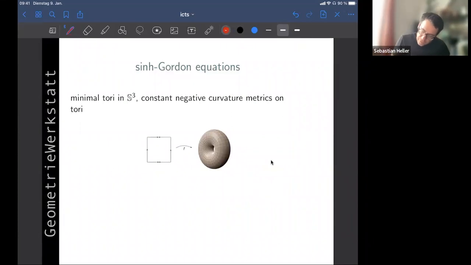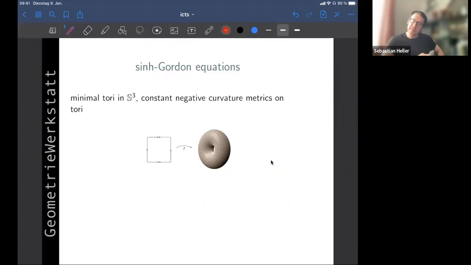But let me say what the image here is. It's a parameterization of the famous Clifford torus, which is then, of course, stereographically projected to R3. It's a minimal surface in the 3-sphere, and the Willmore minimizer.